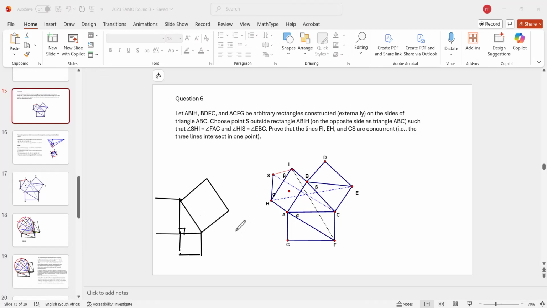Okay, so that's one. And then people tried to extend this and said, well, let's draw things on a triangle. It need not be a right angle triangle.